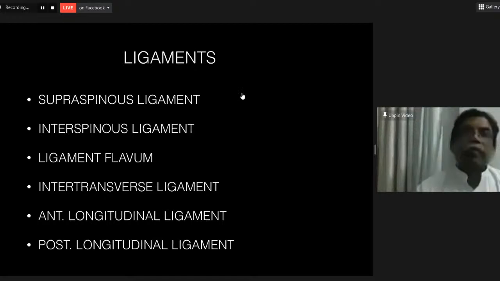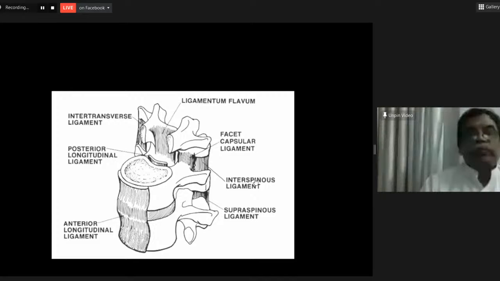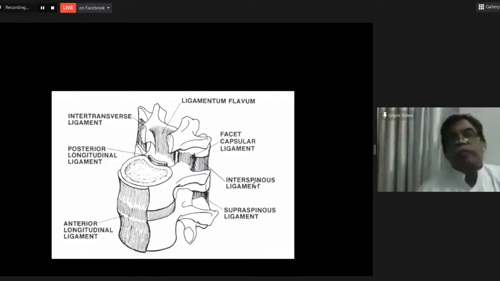There are the capsular ligaments of the facet joints, and then a very important portion of articulation between the vertebral bodies is the disc. These are how the various ligaments are oriented. Just to recapitulate, so that we can start discussing further, we understand how these ligaments are oriented.